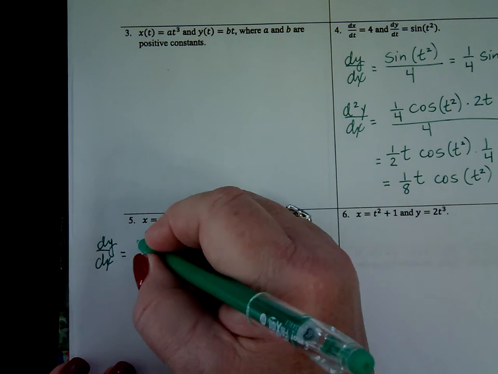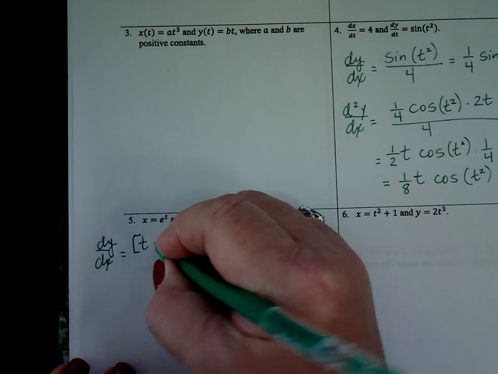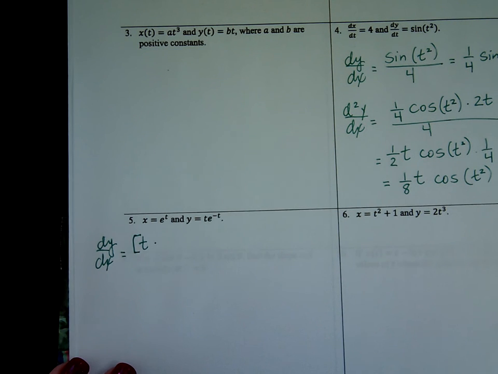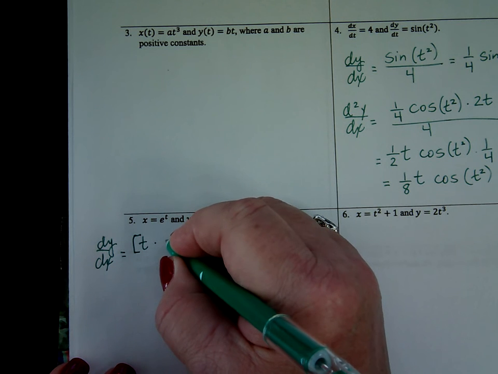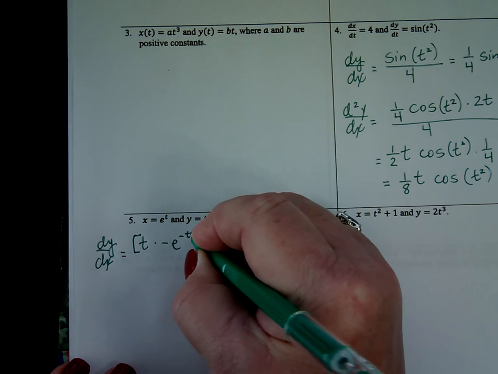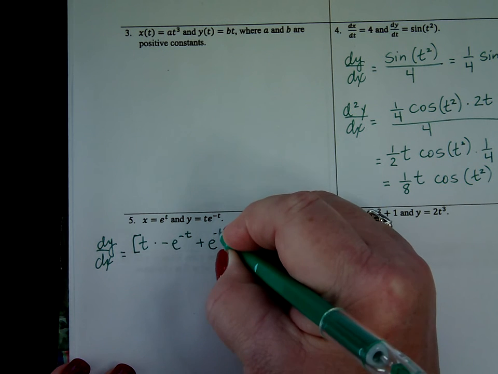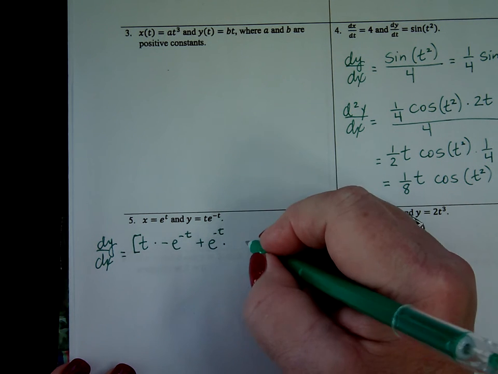You've got the first, t, times the derivative of the second. E to the negative t is e to the negative t times the negative 1. So negative e to the negative t, plus the second, e to the negative t, times the derivative of the first, which is 1.